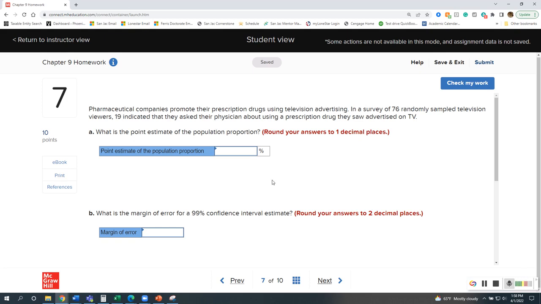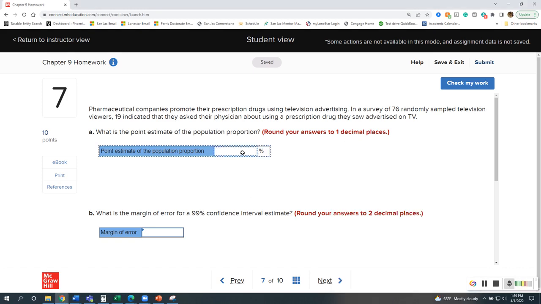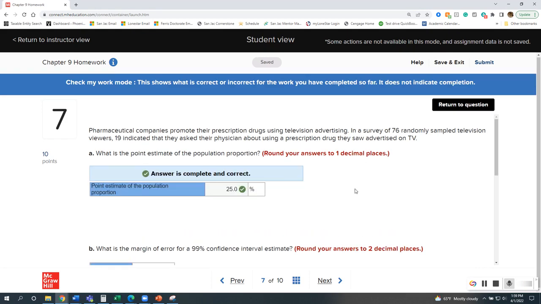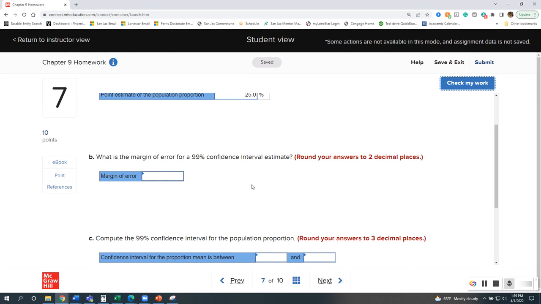So for this, the point estimate, again, is going to take the calculator, 19 divided by 76 is about 25%. Again, just taking who indicated about it and dividing by the total in the survey. What is the margin of error with a 99% confidence interval?